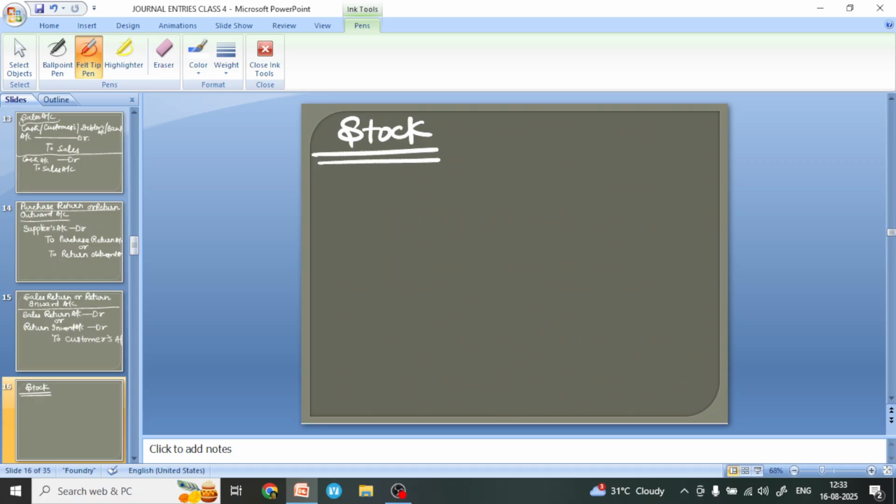Opening stock is the valuation of goods an enterprise has at the beginning of the financial year. If stock is available at the start of business, that is known as opening stock. The stock available at the end of the financial year is known as closing stock.